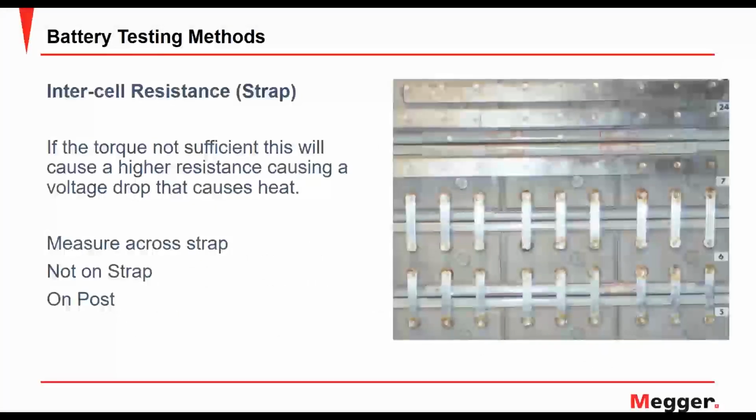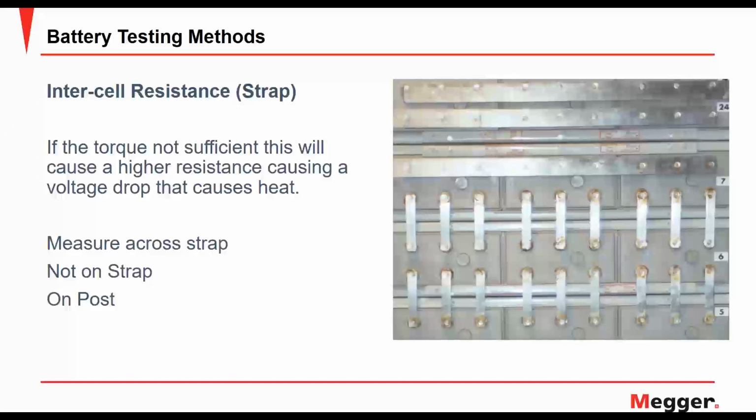For the inter cell resistance, the straps between the cells, if the torque is not sufficient, a lot of problems can occur, like higher resistance. We always want to do this measurement on the posts, not on the straps themselves, to get the strap measurement.